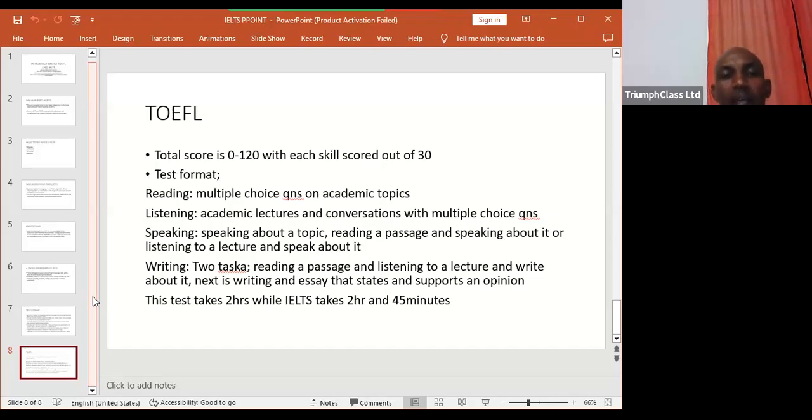You can see they all test the 4 language skills. They all test reading, listening, speaking, and writing. And the difference here, how this TOEFL is different from IELTS, is in the way the marks are awarded.